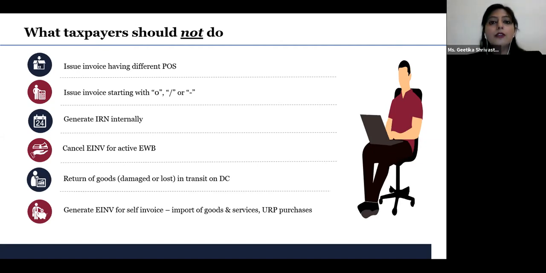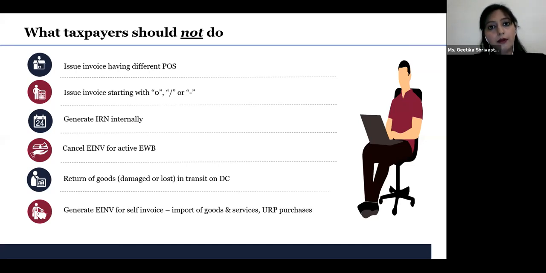So let's say your invoice is 101 and you have two POS: one line item the portal is taking, the second line item it is rejecting. So what people were doing as a practice was putting 0101 and sending the details onto the portal. The GST portal doesn't have this kind of validation check, so for a single invoice, you were easily able to report it on the GST portal.